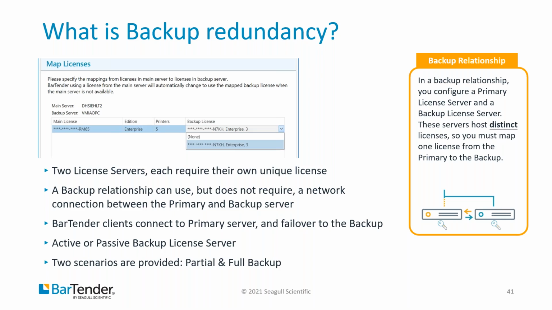In the administration console under the redundancy option, you would set up your license server redundancy, and essentially you're mapping your primary license on one license server to a backup license, typically located on a different license server, so a different BarTender computer.